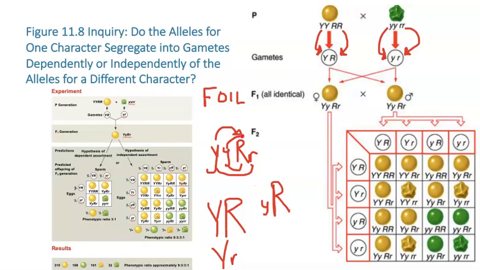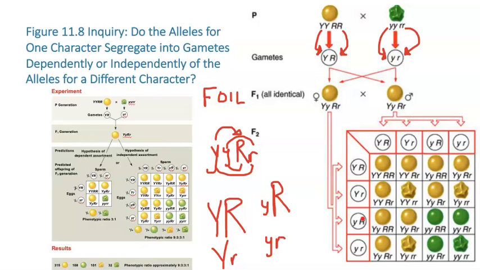And then last, little y goes with little r. So first, outer, inner, last. It's very similar to your math class, but it's not across a multiplication sign, so just be aware of that. It's the way you make gametes within a dihybrid.